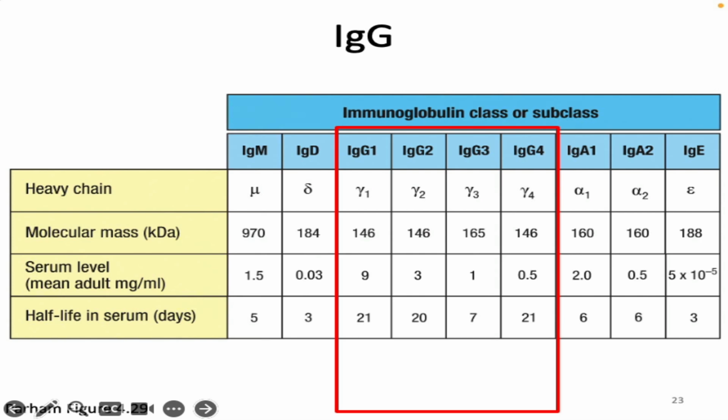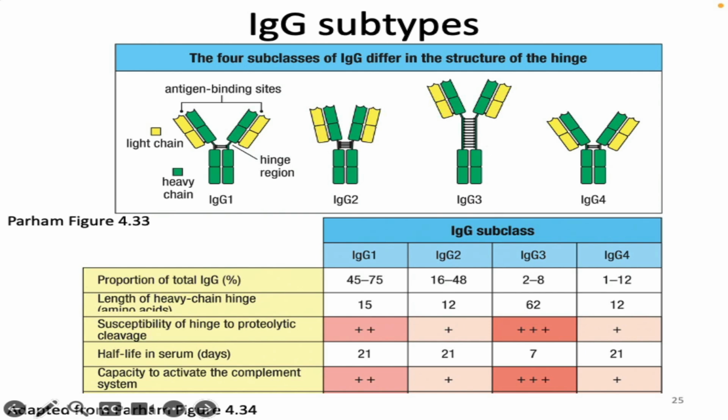And then what's up with the half-life? They last a long time. So IgG is the one that you have by far the most of in the serum, and IgG tends to hang out and persist in the serum for a long time. Brian pointed out that there is some variation in that serum level and in the half-life between the subtypes. The reason for that is that the biggest place they vary is in the hinge region.